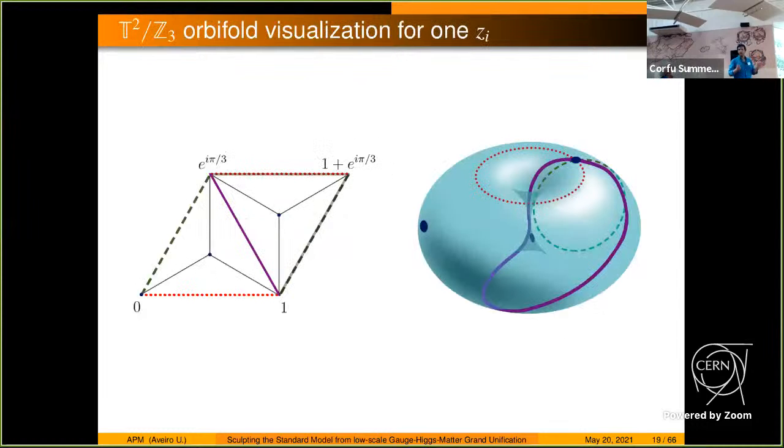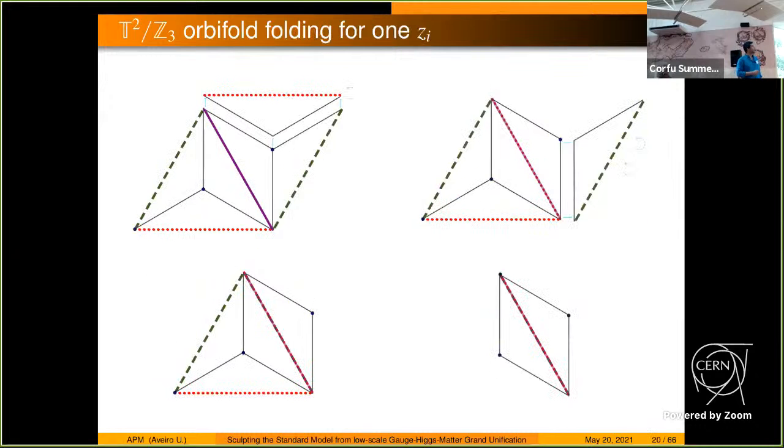So this is just a visualization of this. This would be like a T2, only with two dimensions, like the Z to the power of 2 lattice, let's say. And to get the orbifold folding, basically what we do is identify together these dashed lines of the same color, and then all of them together with the purple line.